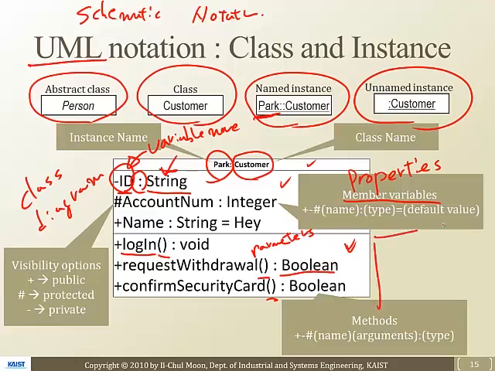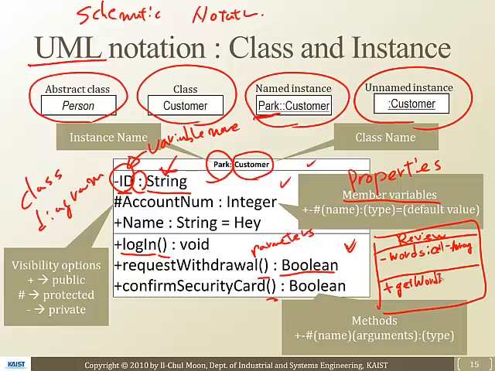For instance, if we have a review class, because it's not instantiated yet, we have just a review here, divided into two parts. The first part is the words, and it's going to be a set array. In the methods part, we have get word index.